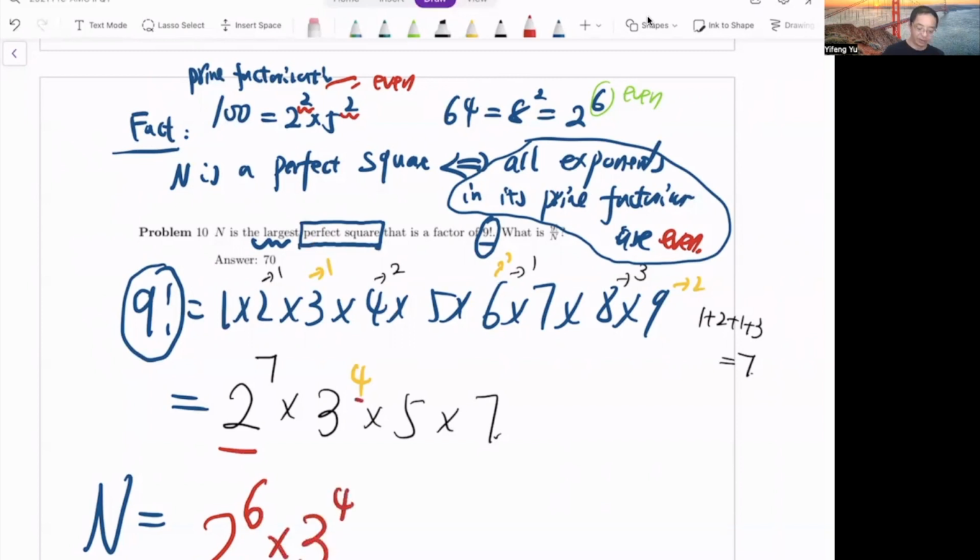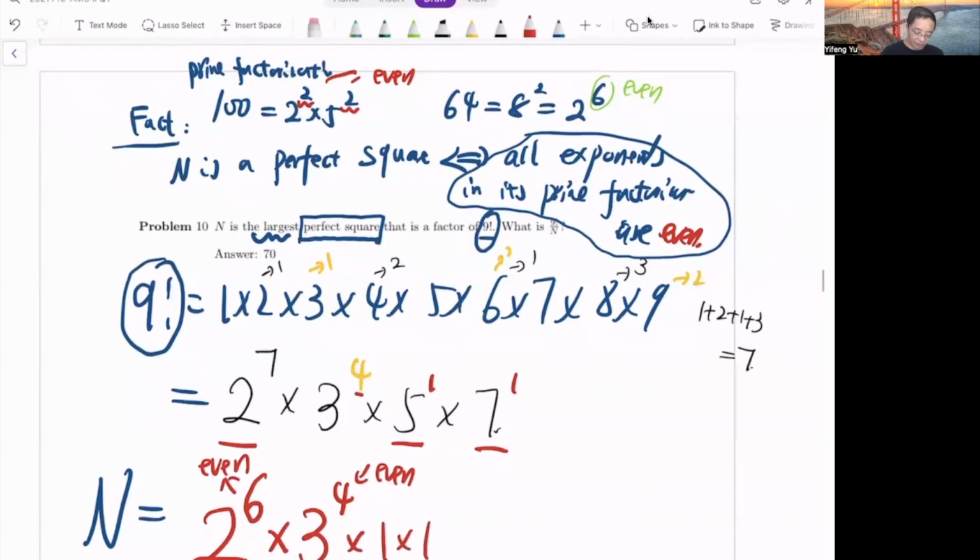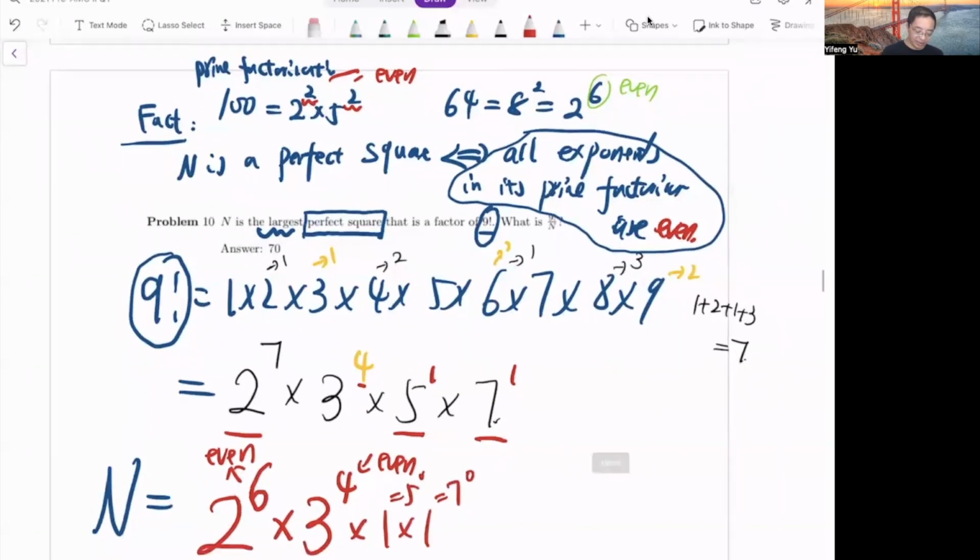But 5 and 7 each have exponent 1, they're odd, and you have to get rid of them, because if you go down by 1, you just get 0. There's not much you can do about it. So 5 to the 0 and 7 to the 0. Okay, so that's your n.